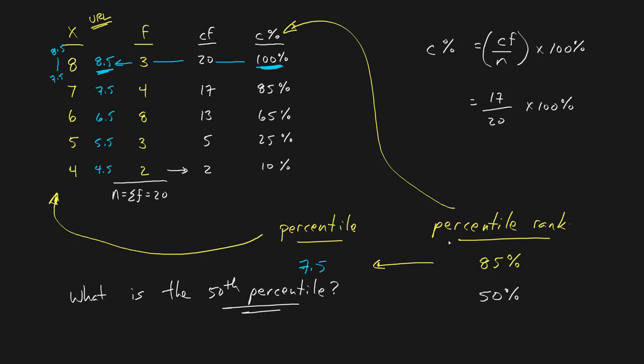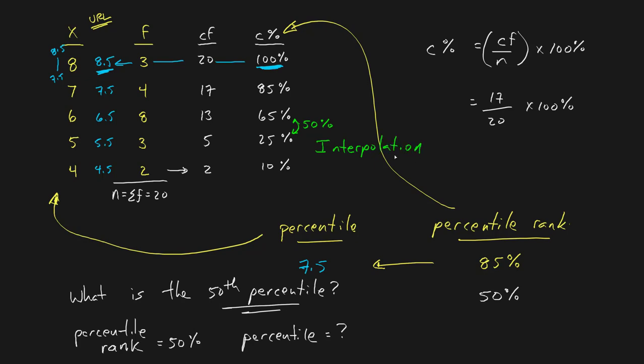We know the percentile rank, so in this question, the percentile rank is equal to 50%, but what is the percentile? So this one's a little bit more challenging because you can see that 50 is not actually on my table. There's no 50% listed on the table. It simply falls somewhere between 25% and 65%. So this is where interpolation comes in.